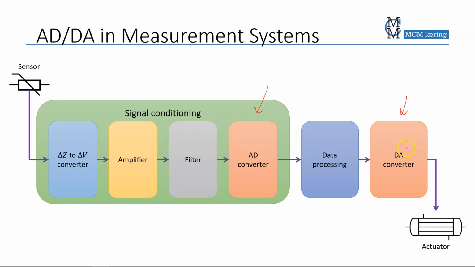But the reason why I cover DA converters first is that they are simpler than the AD converters. And also, inside some of the AD converters, you will find a DA converter as a part of the AD converter process. So therefore, we need to know a few things about DA converters before we cover AD converters.